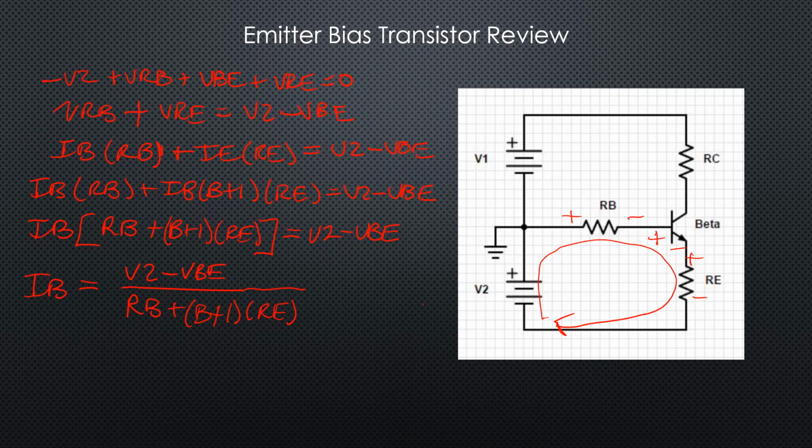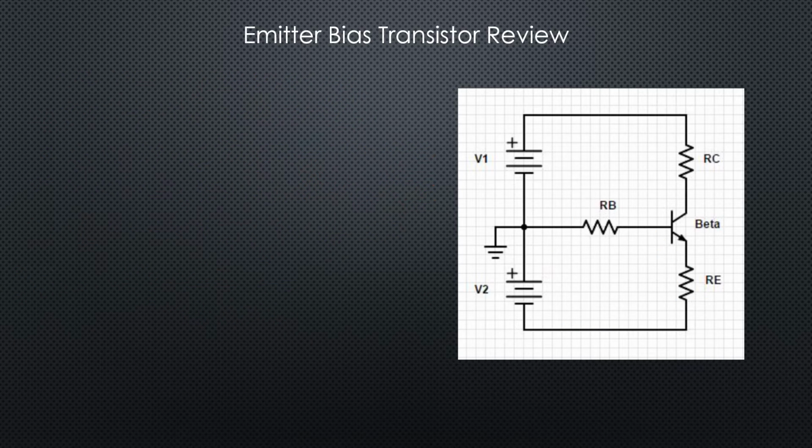There it is. I can solve for IC. IC equals IB times beta. I can solve for IE. IE equals IB times beta plus 1.